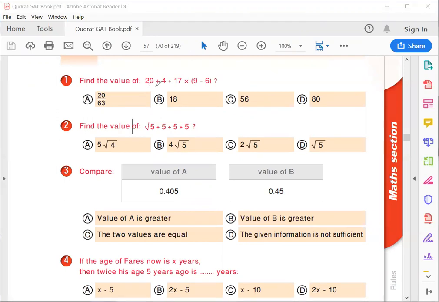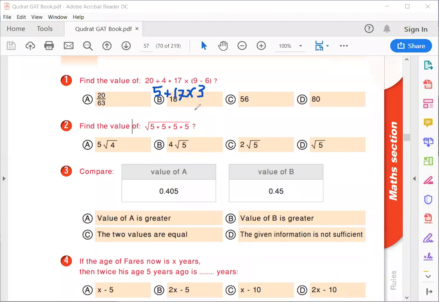How much will it be? It is 5, right? So 9 minus 6 equals 3. Then when you get the answer, you add 3. How much will it be? 51, right?